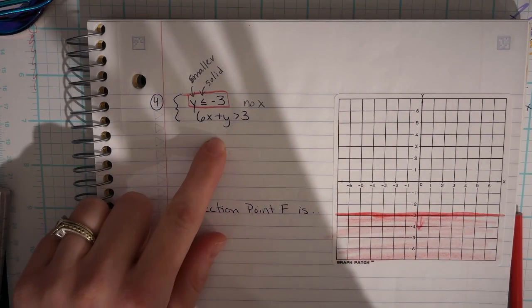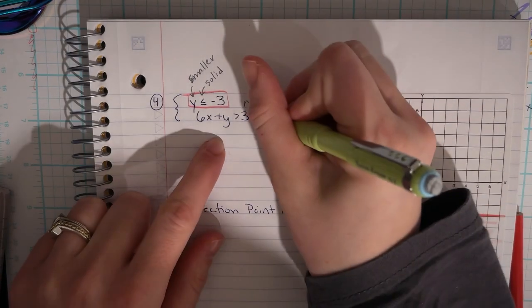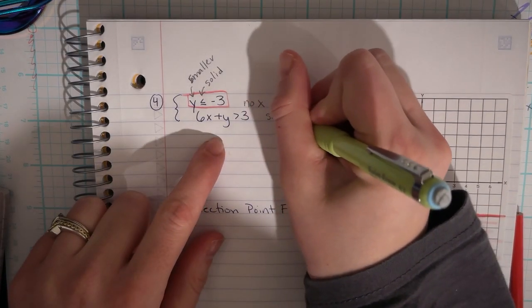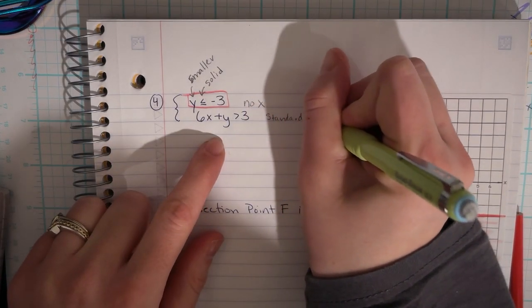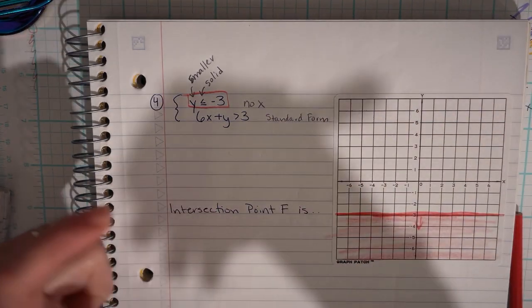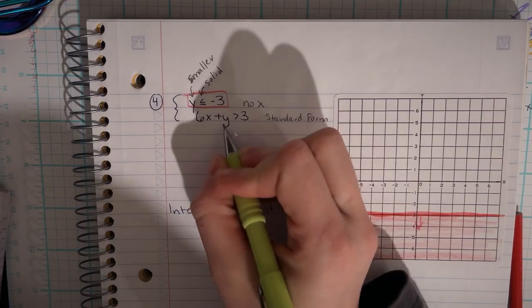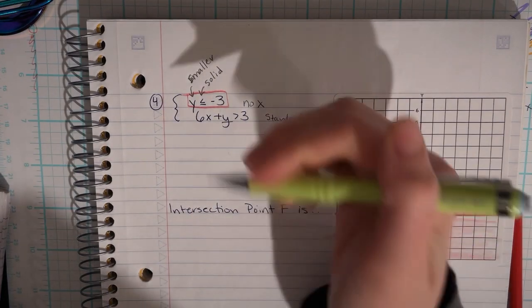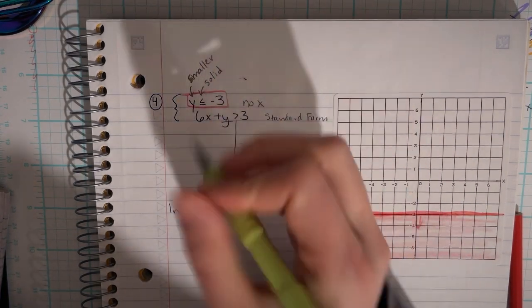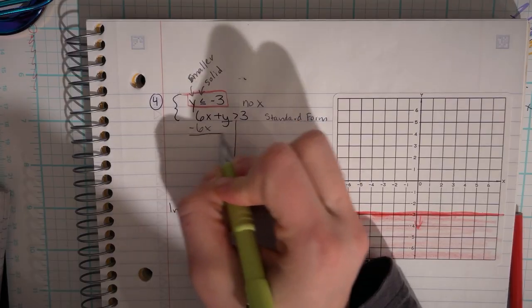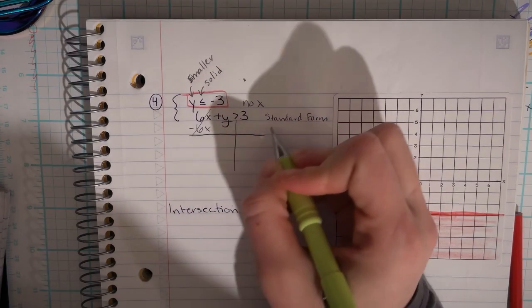Next one here is not ready, right? This is the standard form, the fancy name for it. To get it to be y-intercept form, we have to get the y by itself. So first things first, we're going to subtract 6x. If I subtract on one side, I got to do it on the other side.